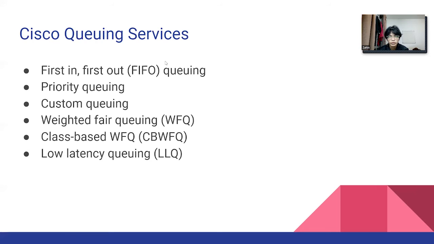FIFO is the most commonly used queuing method. And then there is priority queuing, custom queuing, weighted fair queuing (WFQ), class-based WFQ, and low latency queuing (LLQ). All of these queuing services will be explained by my friends in the next slide. That's all from me. Thank you.